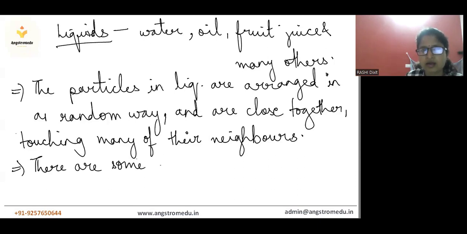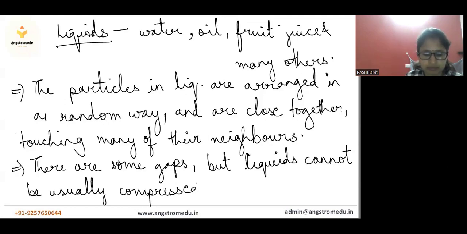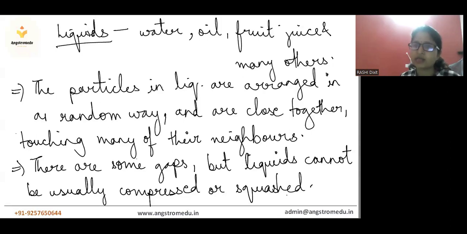Because of this, there are some gaps, but liquids cannot usually be compressed or squashed. So although there are some gaps in the liquids because of the random arrangement of particles, still they cannot usually be compressed or squashed, right?